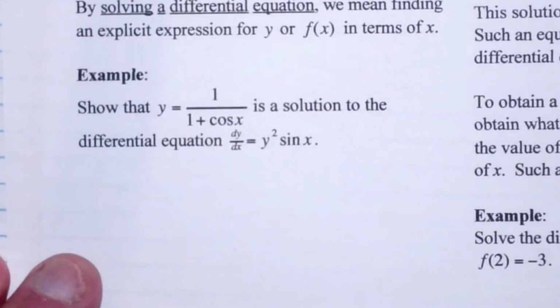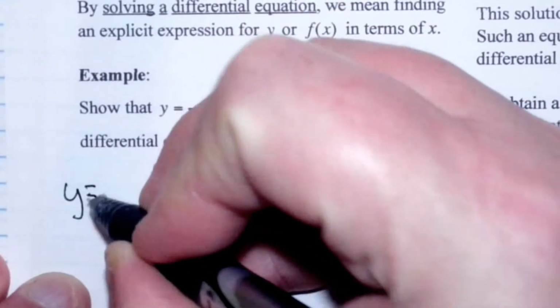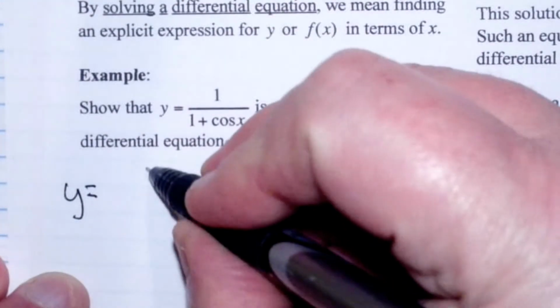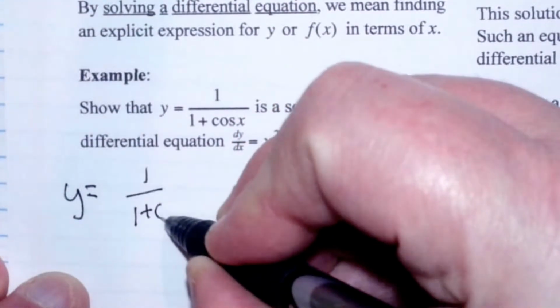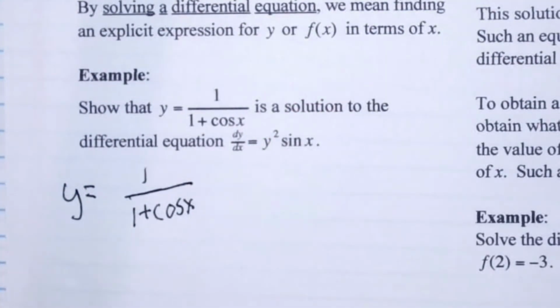So our proposed solution to this differential equation is 1 over 1 plus cosine x. And what we need to do is show that that function satisfies the differential equation. So what do we do? Well, looking at the differential equation, what we need to do is come up with an expression for the left side and an expression for the right side and show that they're equal.